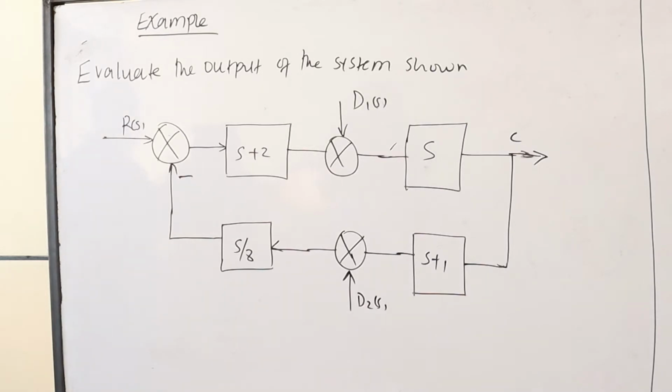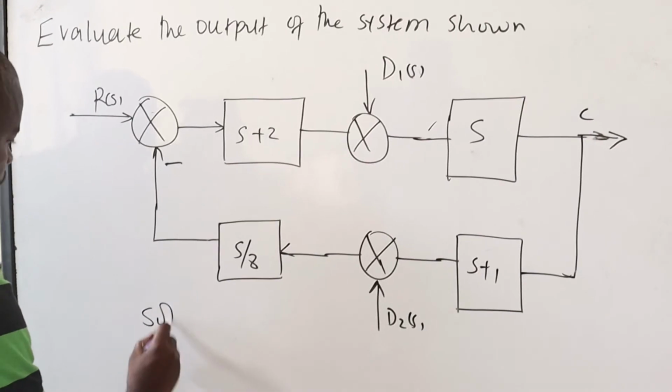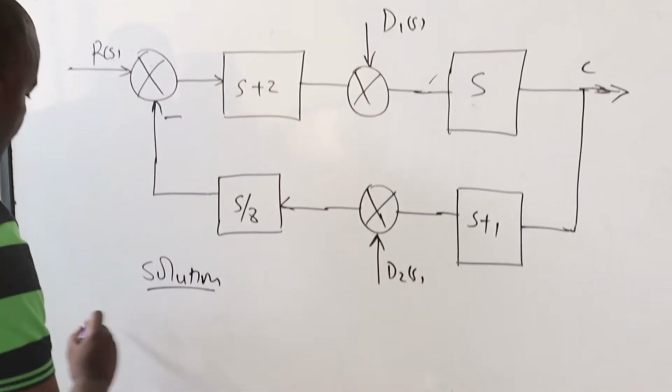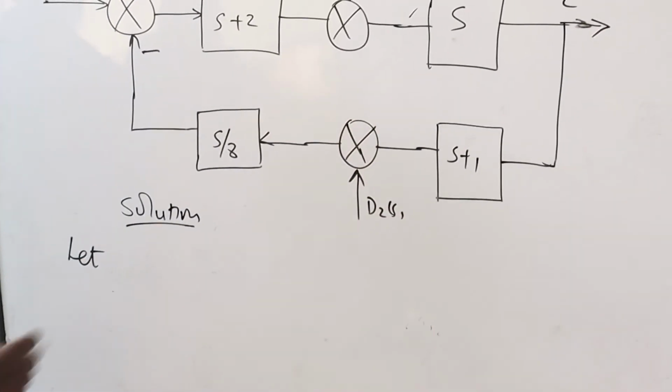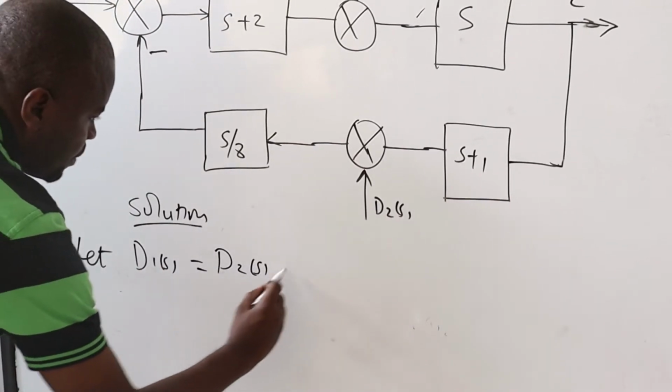So what are we going to do in this case? We can start by looking at the first case. In the first case, you can let d1 of s be equal to d2 of s be equal to 0.